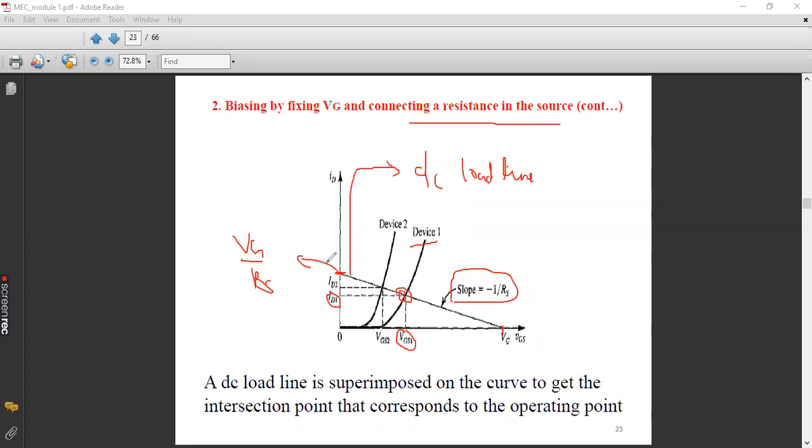Similarly, the same DC load line is intersecting with device 2's curve also. Based upon this intersection point, we have the x-axis point as VGS2 and y-axis point as ID2, as it is with respect to device 2.